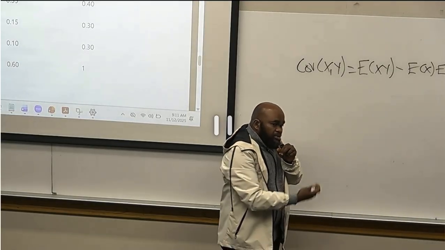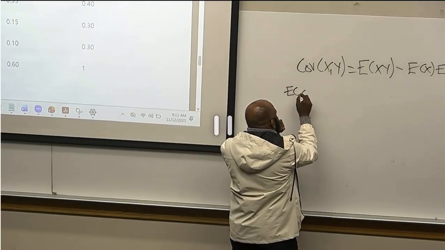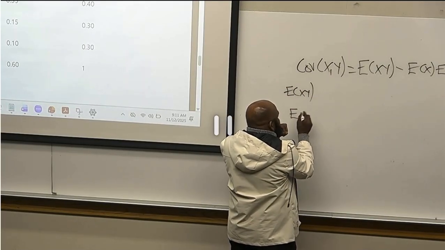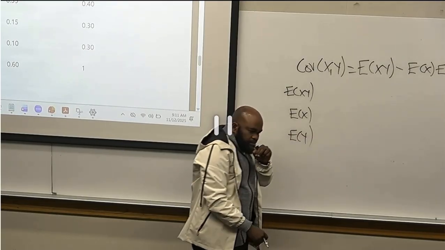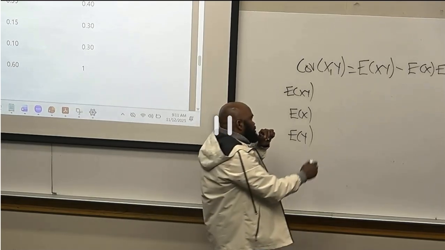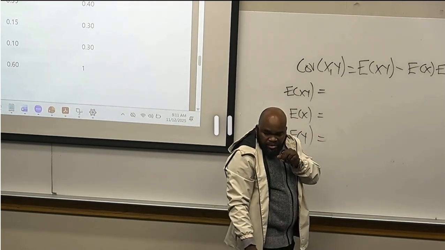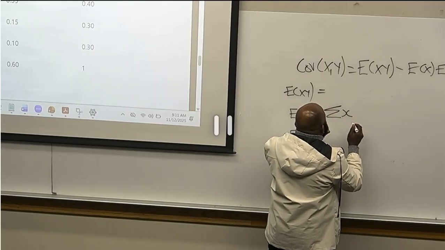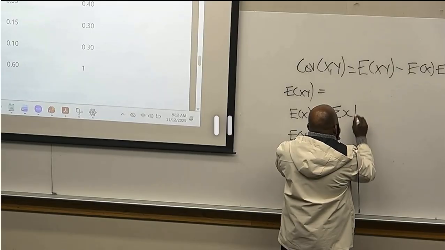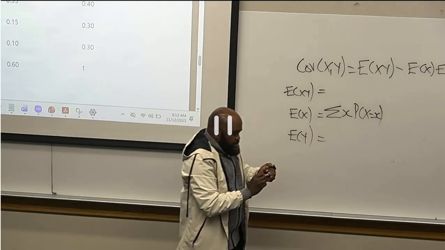Now, with this, I know what I'm going to find from the table. I need the expectation of xy, the expectation of x, and the expectation of y. You have to show all the way you get that. For discrete, the probability that X equals that value.